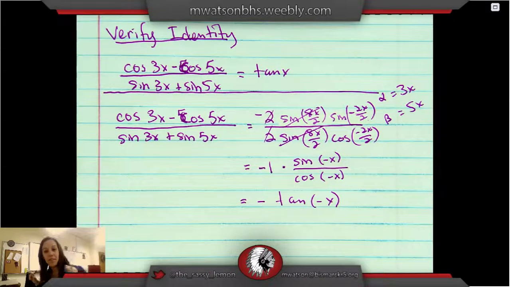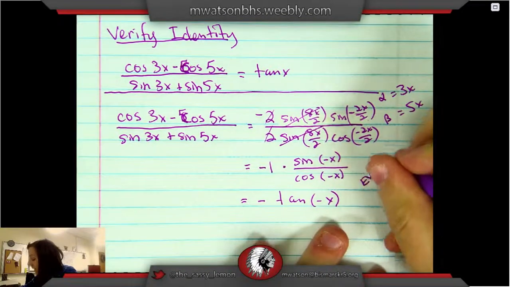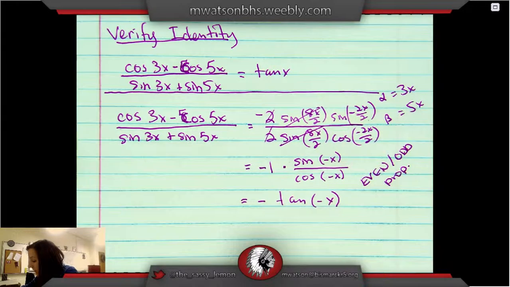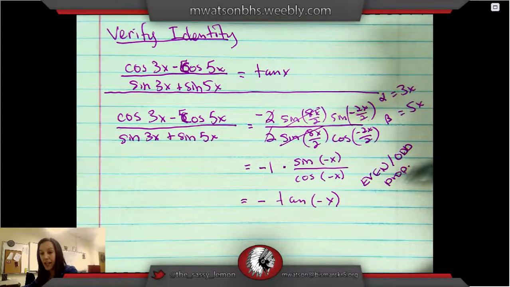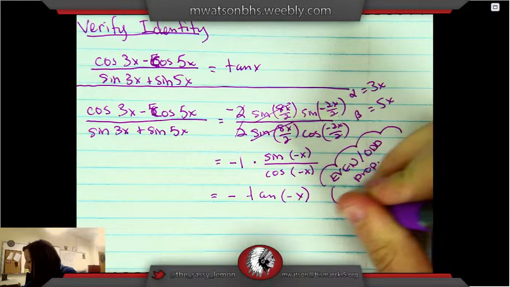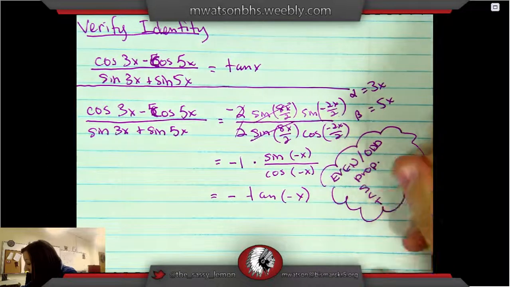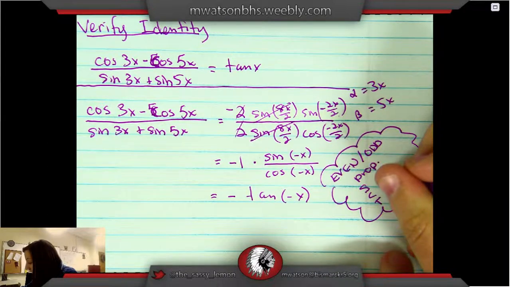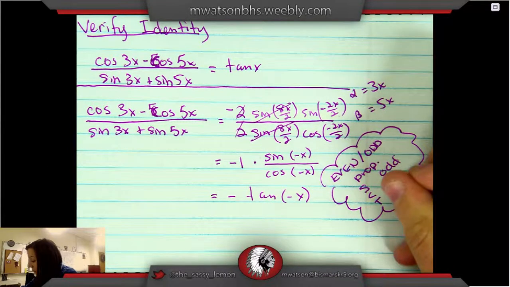Okay, but there is something that we learned way back when called the even and odd properties. Okay, and I purposefully left them out of proofs until now. But the even and odd property, if you remember, sine, cosine, tangent, this one was odd, this one was even, this one was odd.